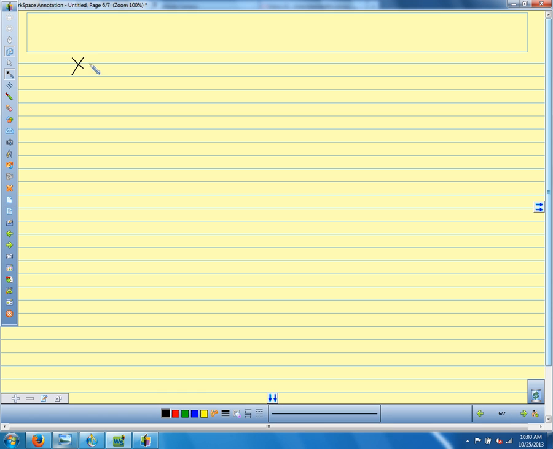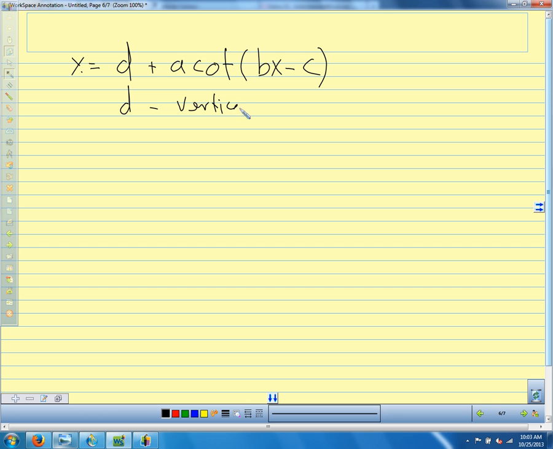So we have y equals d plus a cotangent bx minus c. Just like before, everything is the same. D gives us a vertical shift. A gives us a vertical stretch.